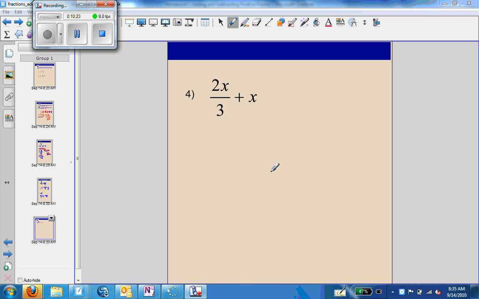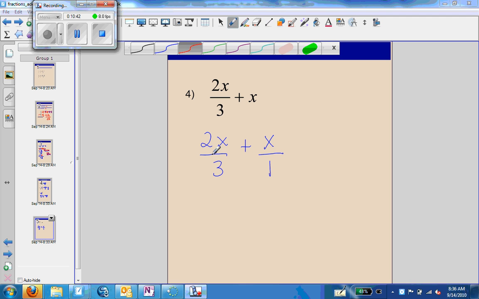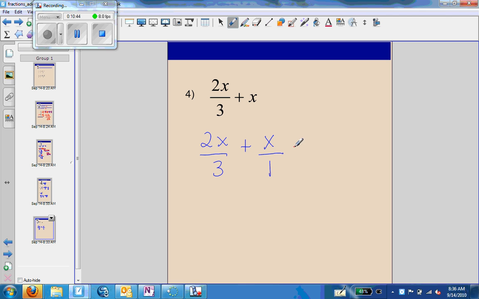For our last problem, we have 2x over 3 plus x. We need to get a common denominator. So you want to first think about what the denominator is of x. And that denominator is 1. Then you want to think about what to do to get common denominators. We're going to multiply x over 1 times 3 over 3 so that we'll have a common denominator of 3.